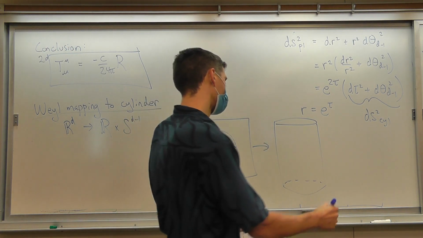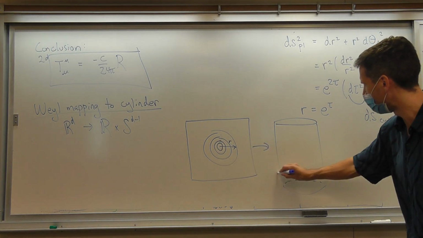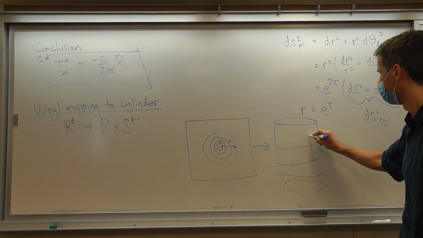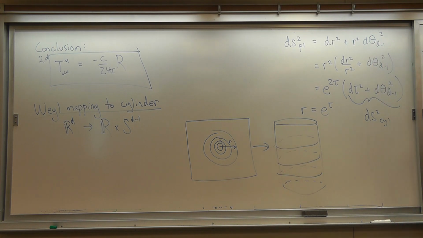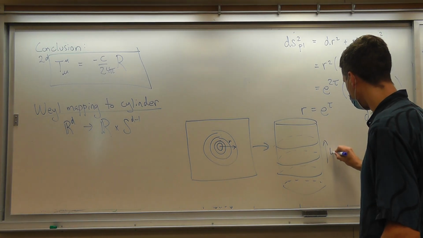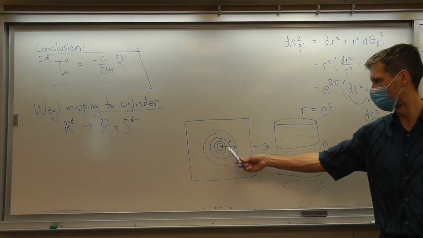On the cylinder, these concentric spheres just become the slices on the cylinder, and tau here goes up the cylinder.